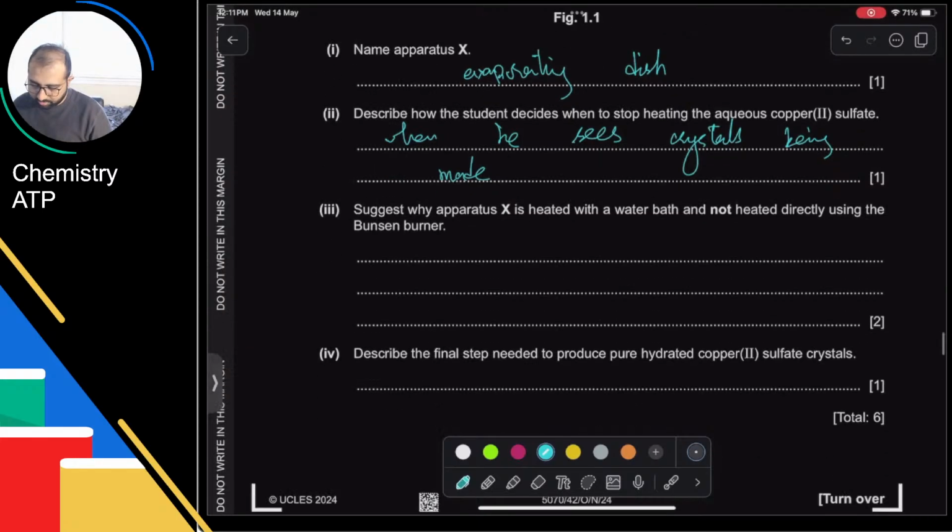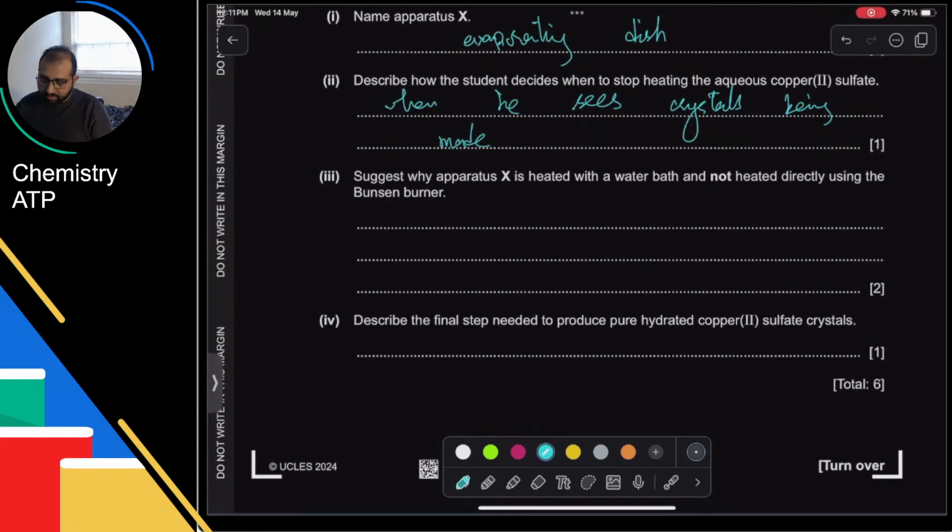Okay, all right. Suggest why apparatus X is heated with a water bath and not directly. So what do we want? We want to make sure that he creates crystals. We don't want it to heat up all the water, right? So a slower, smoother heating process is better because we want to make sure that the water of crystallization stays, it doesn't go away. So with a water bath you have a very slow, gentle heating process, so that's why we use it.